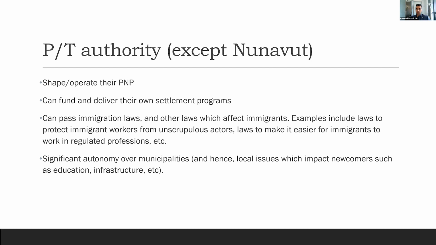Today, however, the vast majority of us live in municipalities. And so one of the shortcomings of our constitutional structure today is that municipalities don't have a formal role in our immigration system. And this is a challenge that we continue to face. They have more of an ad hoc role, even though they are arguably the most prominent government players today in terms of supporting the success of newcomers after they have physically landed in Canada.